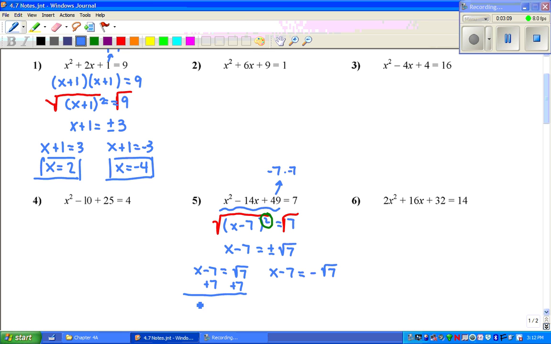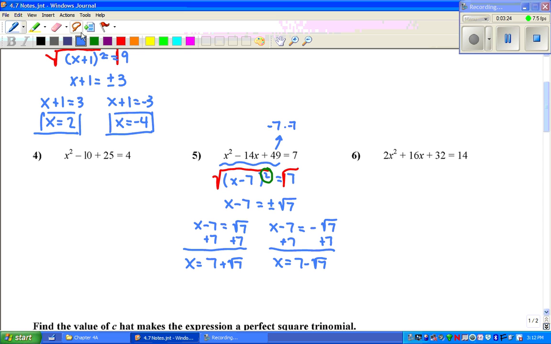So this solution is going to be x equals 7 plus root 7, and this one, x is equal to 7 minus root 7. Some people will take these two solutions and write it like this: x is equal to 7 plus or minus root 7. So that's solving quadratics using square roots, which is a very effective way to do it.